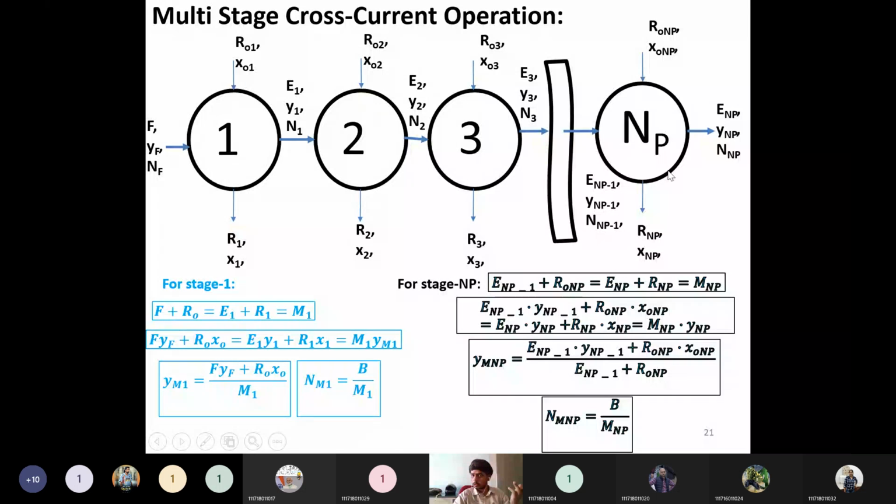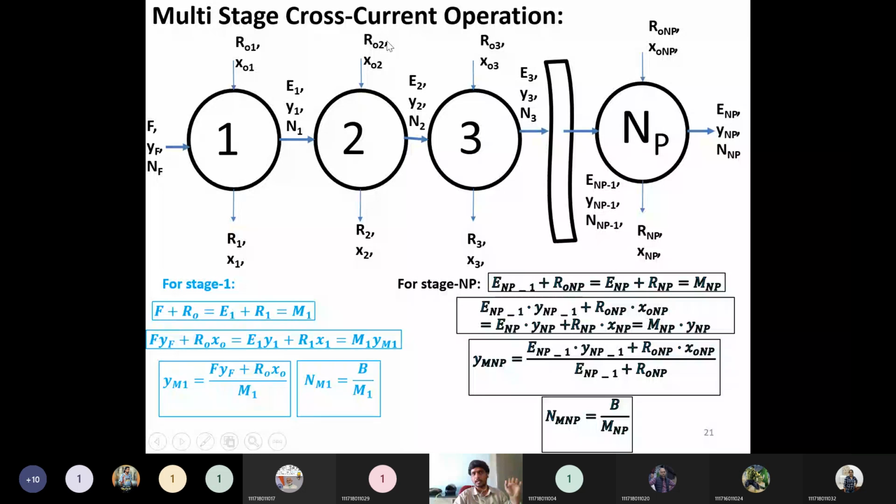But here, in each stage, only the previous extract stage is going to affect. The effect of the raffinate will be unilateral, only in one direction. One raffinate is varying for this stage, and the next solvent stream is freshly added for each stage. But that is not the case with counter current operation.